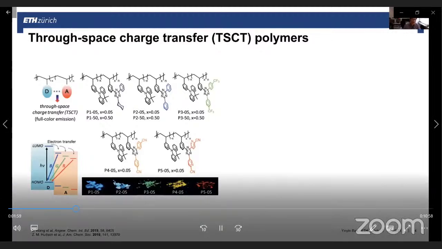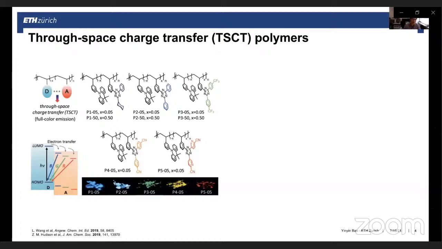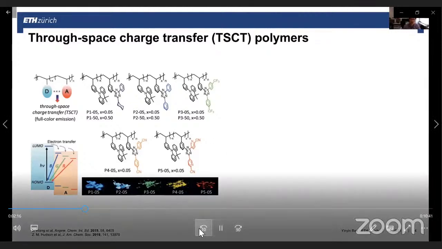By using two different types of monomers as electron donor or electron acceptor, and tuning the chemical structures, this through-space charge transfer between the donor monomer and acceptor monomer can be manipulated, resulting in different emission colors.